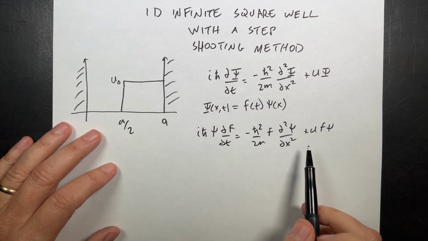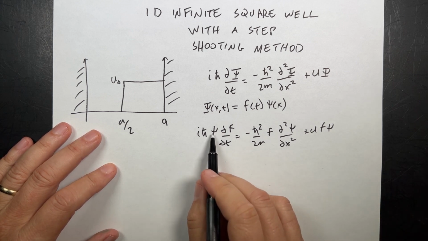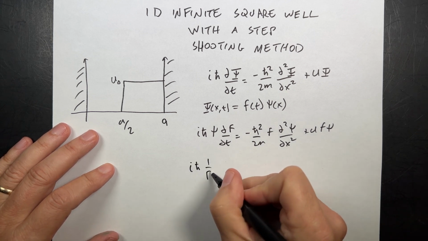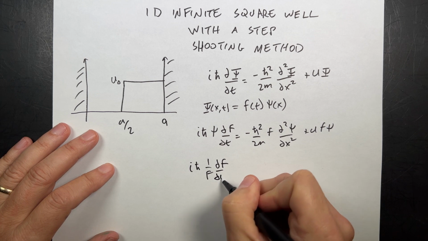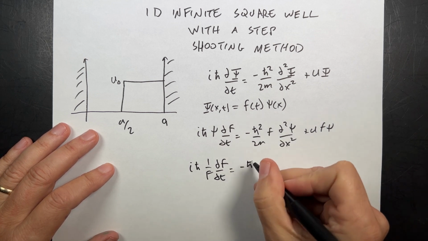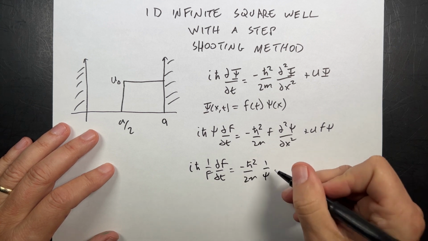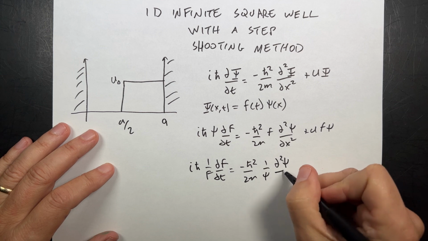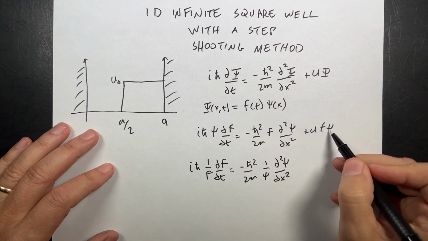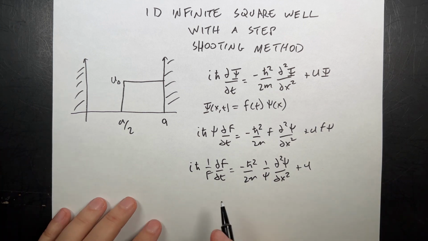What we did was a trick: divide both sides by psi times f. If I do that, over here the psi cancels and I get i h bar 1 over f partial of f with respect to t. Here the f cancels, equals negative h bar squared over 2m, 1 over psi, second partial of psi with respect to x. And we get back to the same situation we had before.